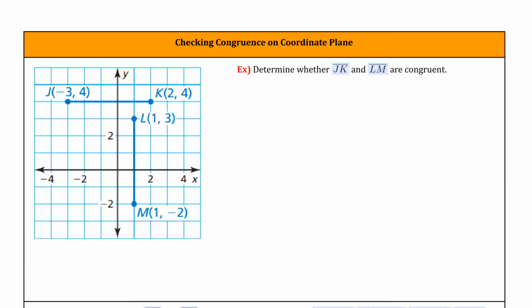So for JK, I can start at J, 1, 2, 3, 4, 5. So JK is 5 units long. Let me write that off to the side here. And then LM, let's start at L and count 1, 2, 3, 4. This is also 5 units.